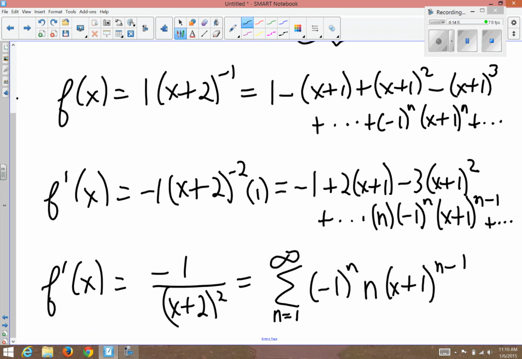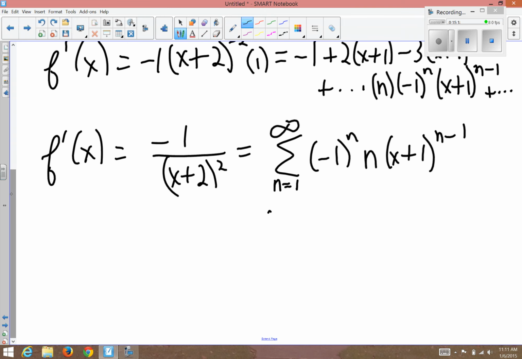And an important rule that I haven't mentioned yet is if we have a series with a specific interval of convergence, its derivative will have the same interval of convergence. I'll repeat.